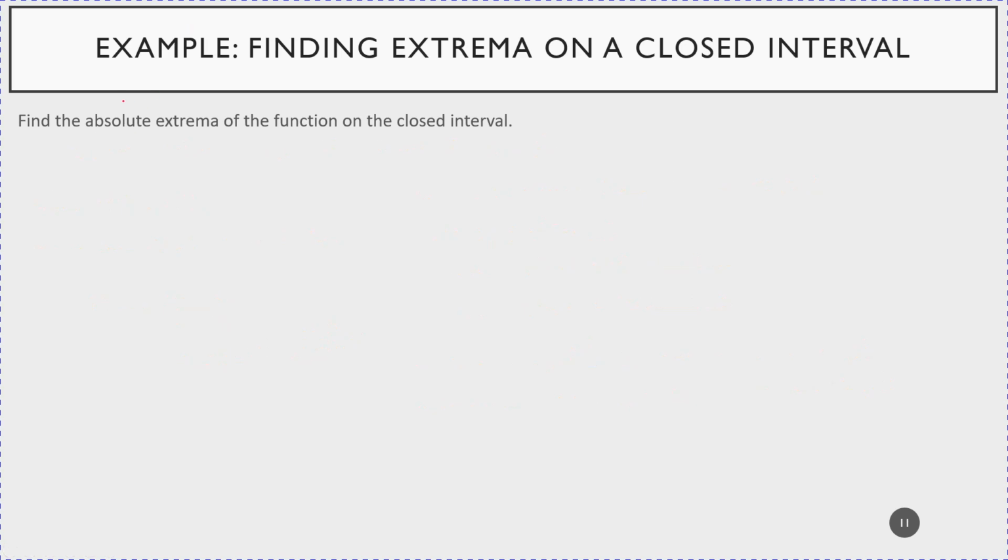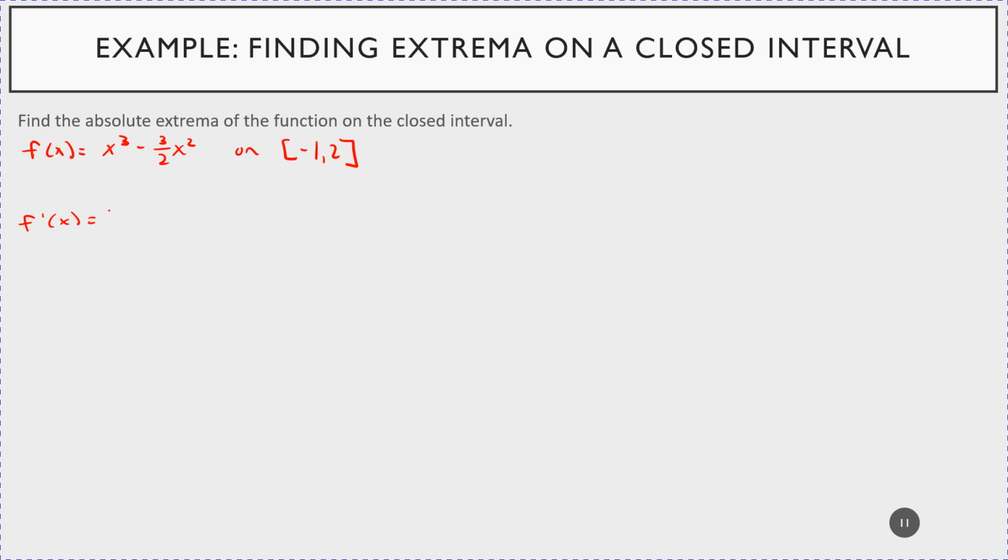Let's consider this function: f of x equals x cubed minus 3/2 x squared. I want to find the extrema on the closed interval from -1 to 2. Hopefully you can see the procedure. I'm going to find the derivative, f prime of x.